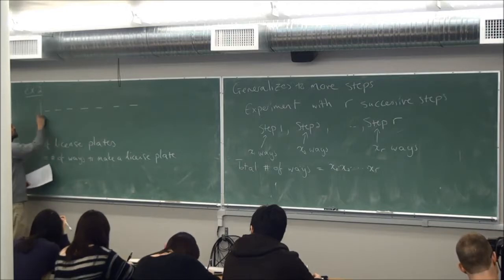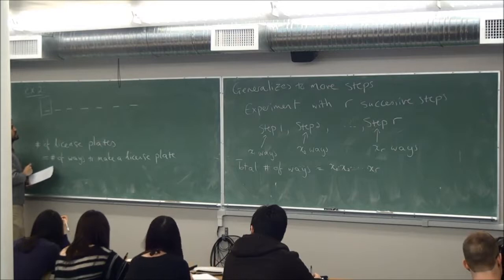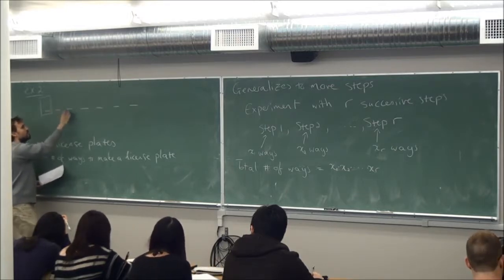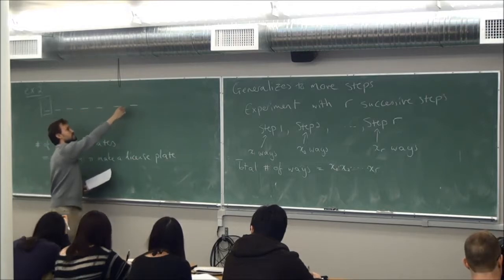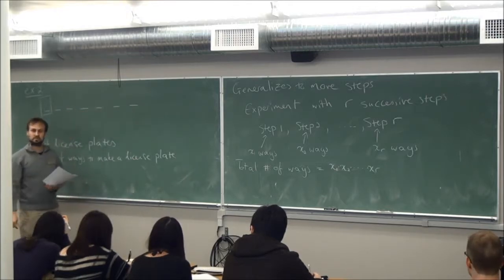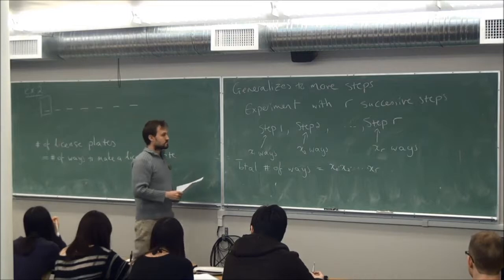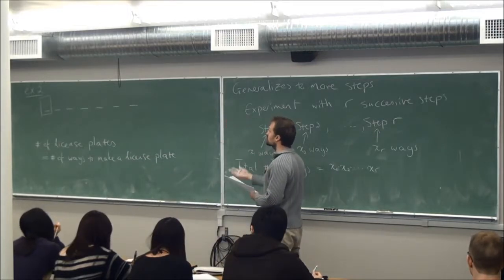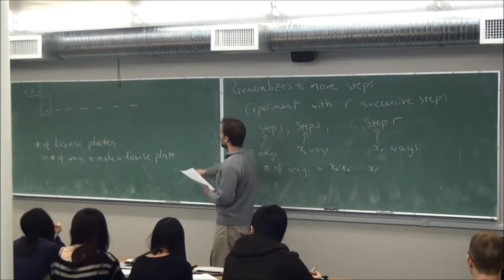Step 1 is just filling in the first place in the license plate, followed by step 2, filling in the second one, followed by step 3, 4, 5, 6, and 7, and then I've completed my experiment. So it's important that we're aware of what we are doing. I'm making a license plate.